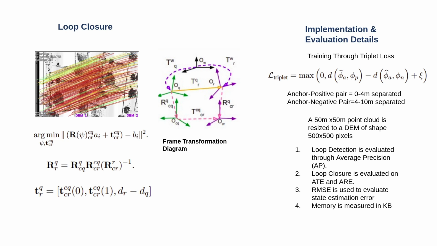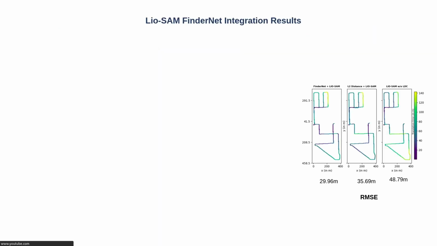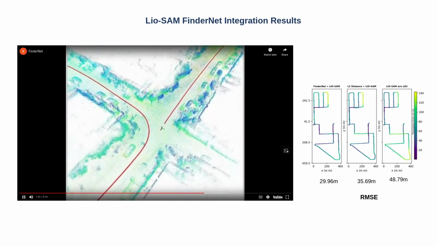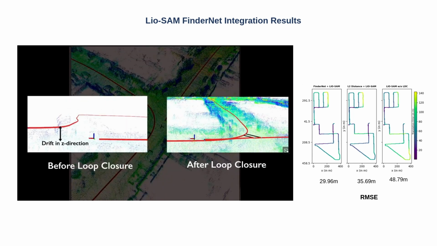Loop detection is evaluated through our average precision, and loop closure is evaluated on the average translation error and rotation error. We use the RMSE to evaluate the state estimation error, and memory is measured in kilobytes. For a full set of results in our paper, you can look at the appendix and the results sections.